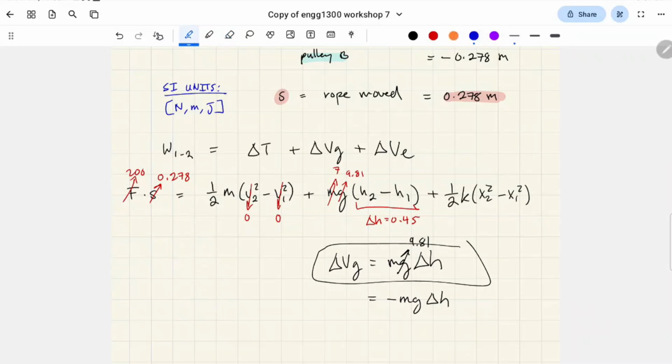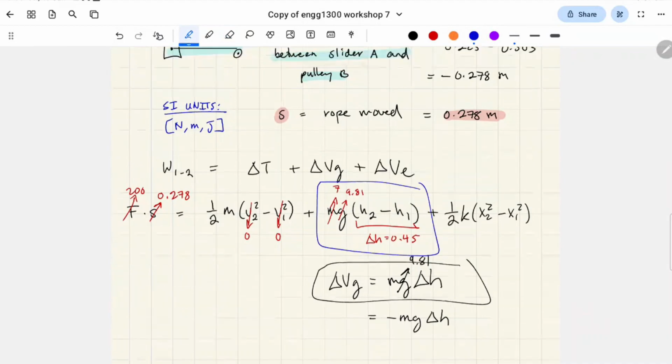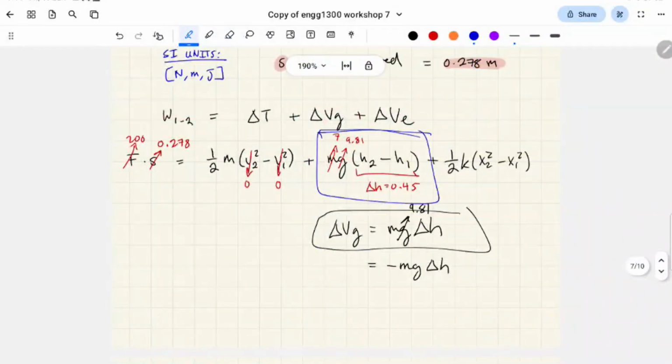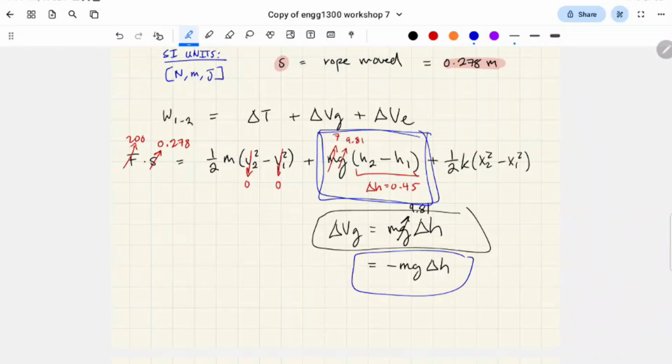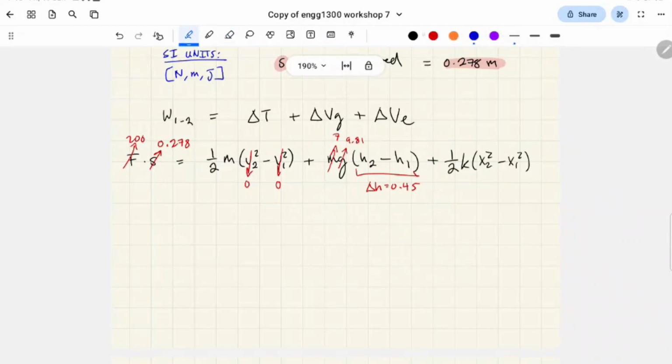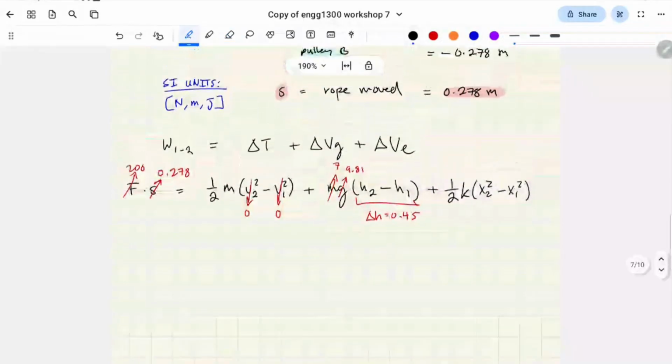Since we're increasing our slider upwards, no matter what, this portion of the equation has to be an increase in gravitational potential energy. So I don't mind if you use this formula or the one below, as long as it works in your head. For me, instead of doing double negatives, I just do positive. It just makes more sense, right? Okay, so that's that part of the equation.